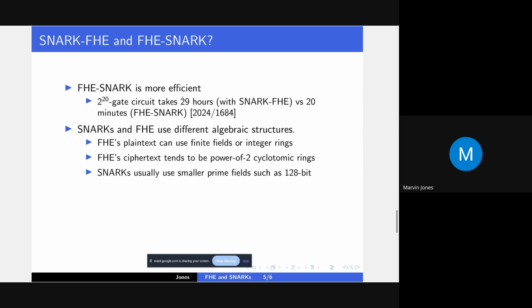And snarks, though, work with prime fields, and usually smaller prime fields, 128 bits. But if you're in the domain of snarks and you say, I'm working with a small prime, they really mean 64 bits or even 32 bits.